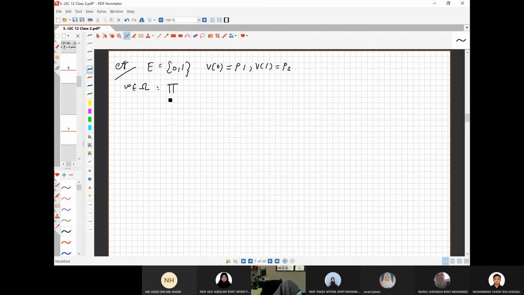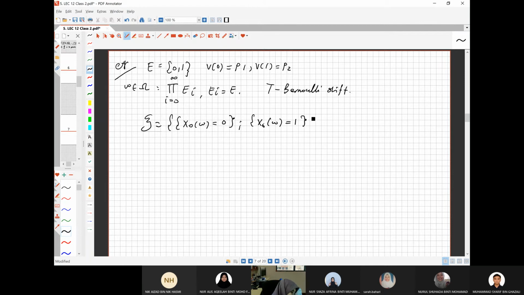I have the partition function of EI, where EI is equals to E. So let T be the Bernoulli shift. So I have the partition to be a coordinate function x0 omega is equals to 0, and the second one x0 omega is equals to 1.